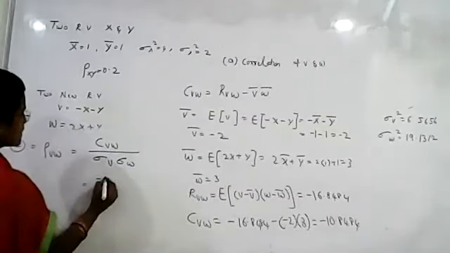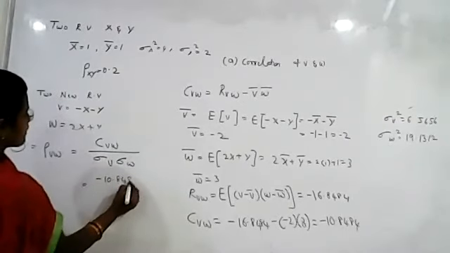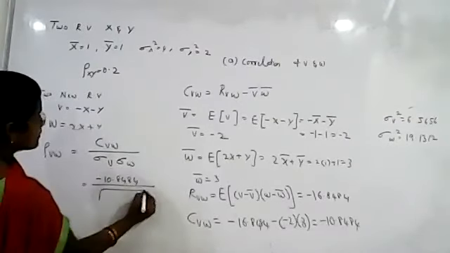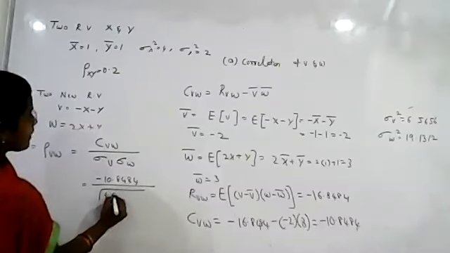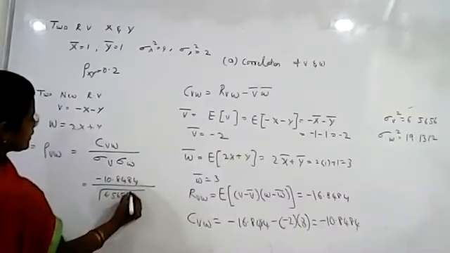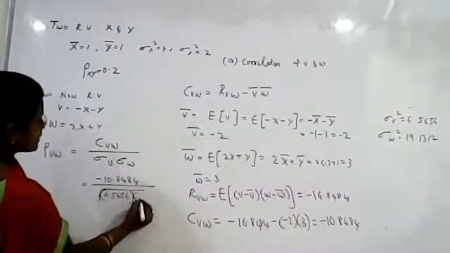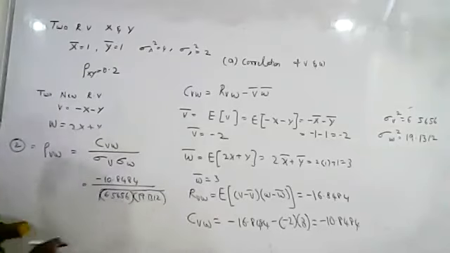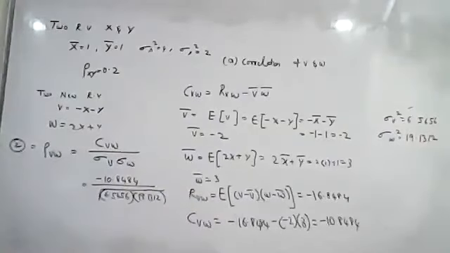It is minus 10.8484 divided by square root of 6.5656 into 19.1312. Tell me what is the answer you are getting? What is the correlation coefficient between V and W? The answer is minus 0.9678.